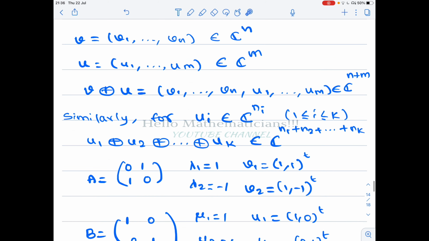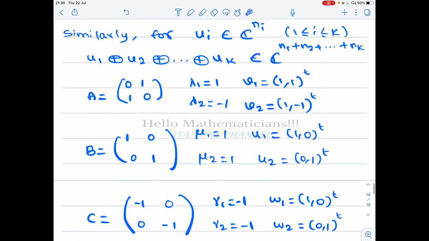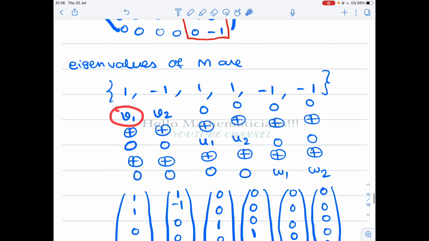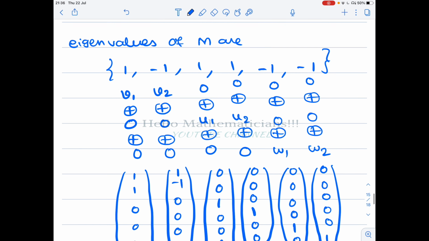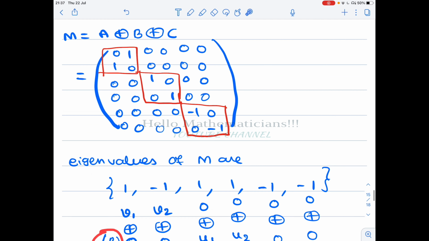I hope you understand this direct sum notation clearly. Direct sum means you are just grouping the coordinates together. So this is v1, this is the 0 0 vector, and again this is the 0 0 vector. Why am I taking 2 by 2 zero vectors? Because there are two other blocks.